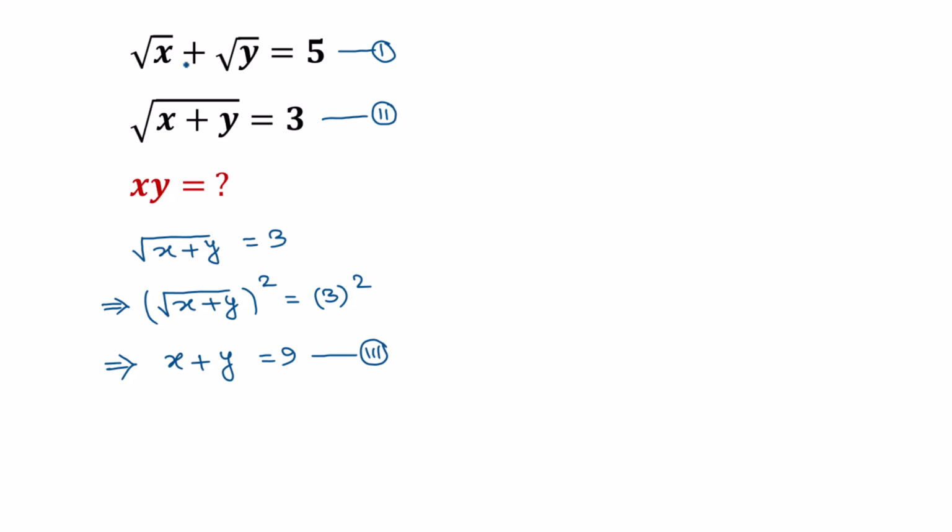Now from equation 1 we can write square root of x plus square root of y is equal to 5, and taking a square to both sides we will have square root of x plus square root of y and whole square is equal to the right side, 5 square.